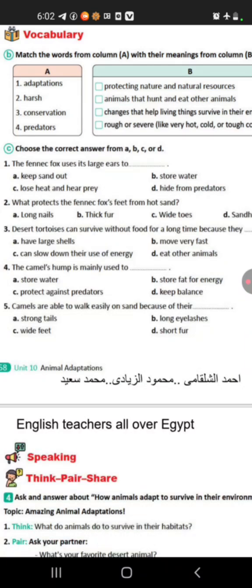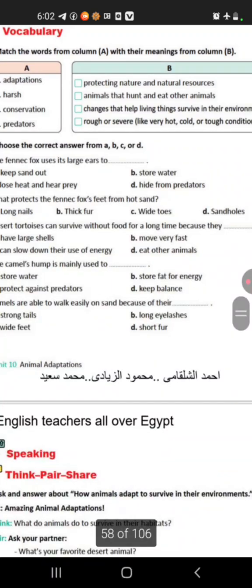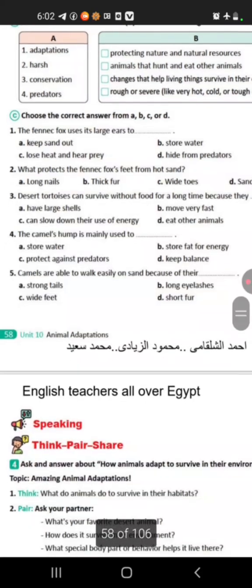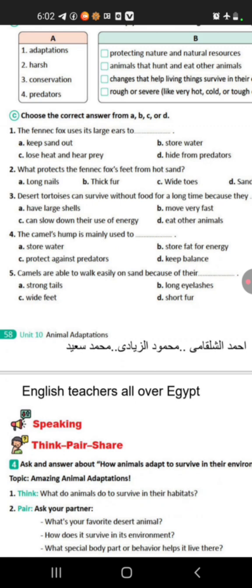Desert tortoises can survive without food for a long time because they, yes, can slow down their use of energy. The camel's hump is mainly used to, excellent, store fat for energy. Camels are able to walk easily on sand because of their wide feet. Excellent. Middle three.